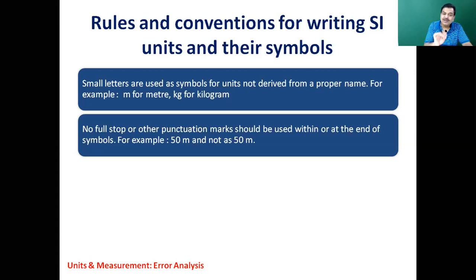No full stop or other punctuation mark, comma नहीं लगा सकते, semicolon नहीं लगा सकते, full stop नहीं लगा सकते. So you have to write simply 50 meter length. उसके बाद लगा दीजिए. मगर 50 मीटर के बाद में फुल स्टॉप या कॉमा नहीं लगेगा.